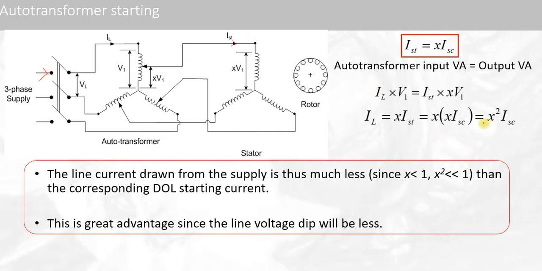The current is much more reduced at the main terminal of the power supply, so the line current drawn from the supply is much less than the corresponding direct online starting current. This is the main greater advantage, because the voltage drop in the line is almost eliminated, so the equipment connected to the corresponding terminal is not affected by the starting of the three-phase induction motor.